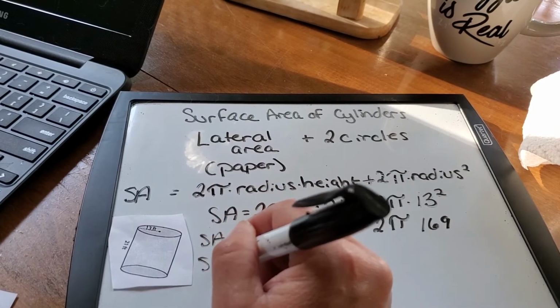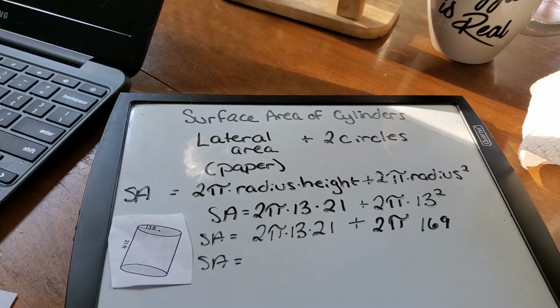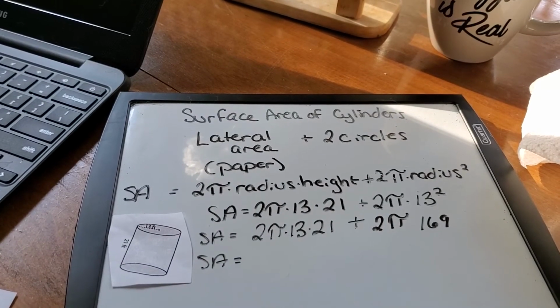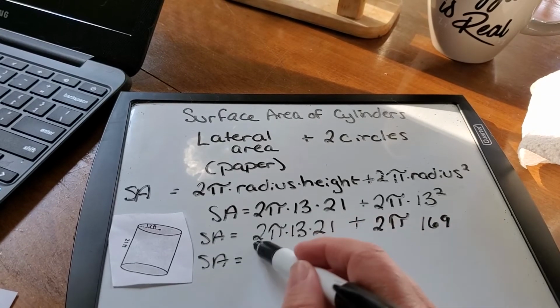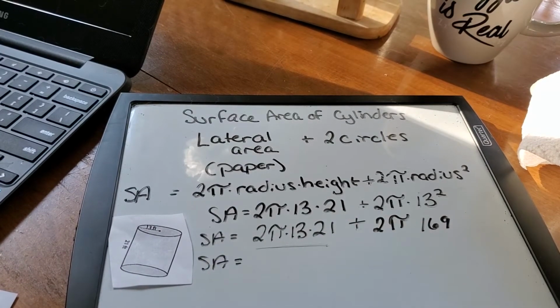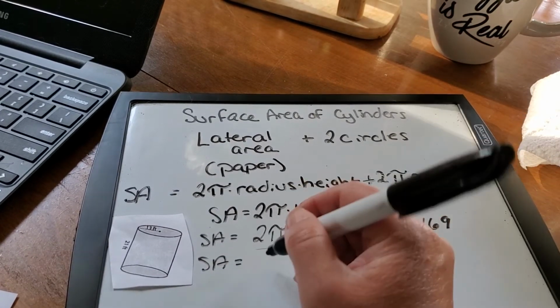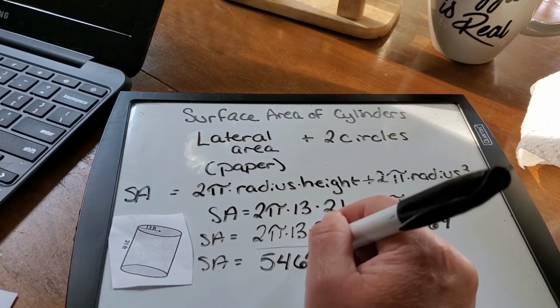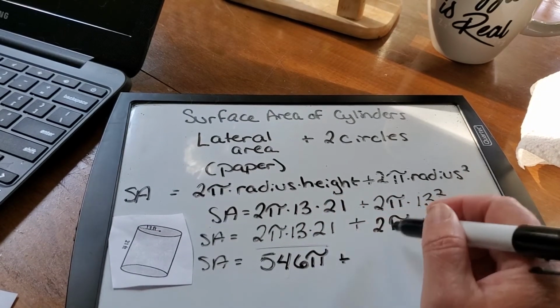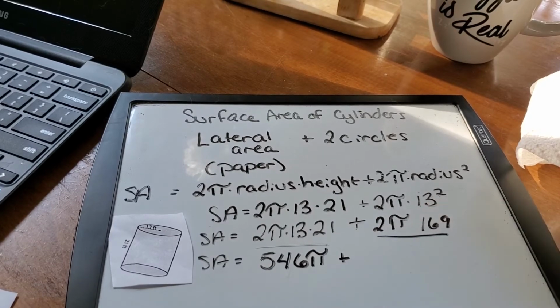Now we can just do the multiplication. Remember, we're not going to multiply the pi. We're going to leave things in terms of pi unless the directions tell us to round it. So here I'm just going to do the 2 times the 13 times the 21. Well, 2 times 13 times 21 is 546. So this is really just going to be 546 pi. Plus, over here, I'm going to do 2 times 169, which is 338.